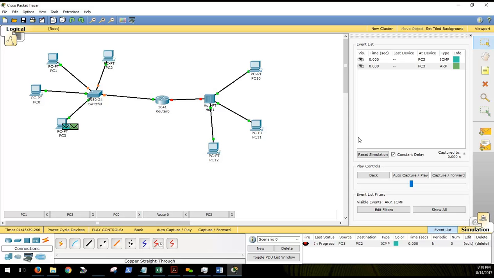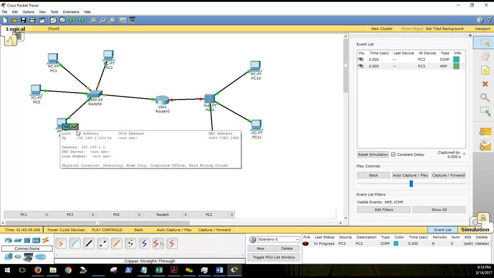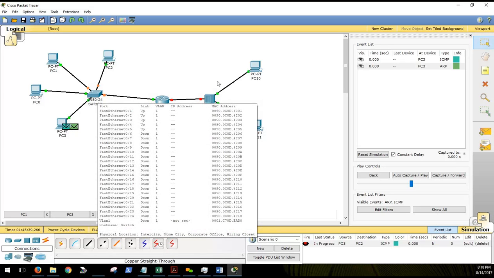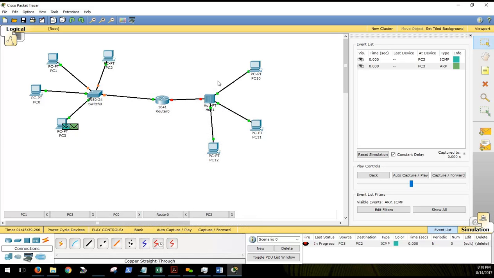So we're about to start the simulation, and if you recall, the first time PC3 sends something out to the switch, it's going to broadcast it out to everybody because it doesn't know where anything is. But the second time, it's going to learn where PC2 is, and then you're going to see that it's only going to send to PC2.